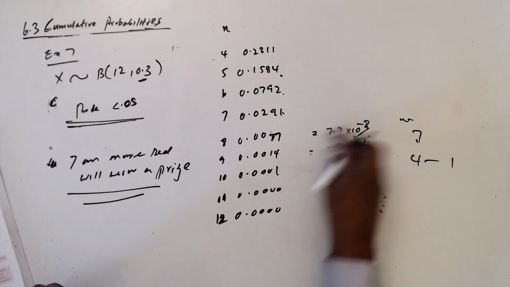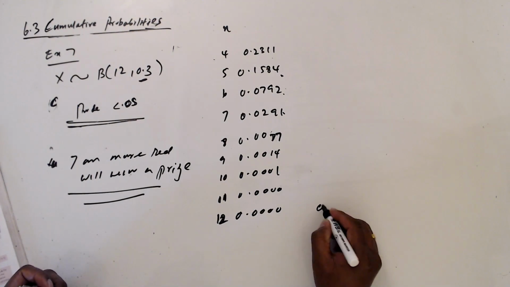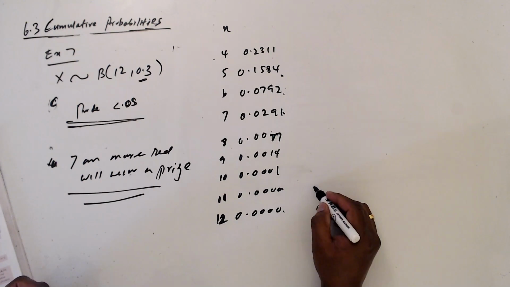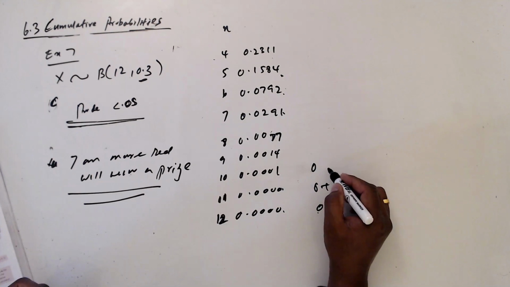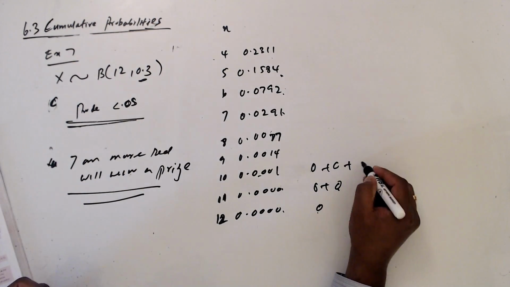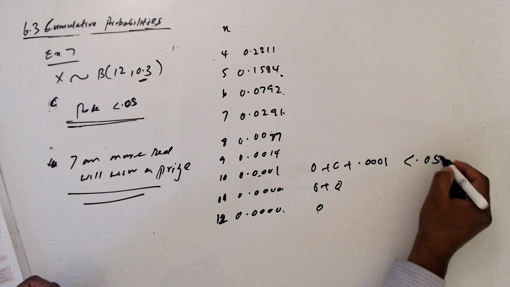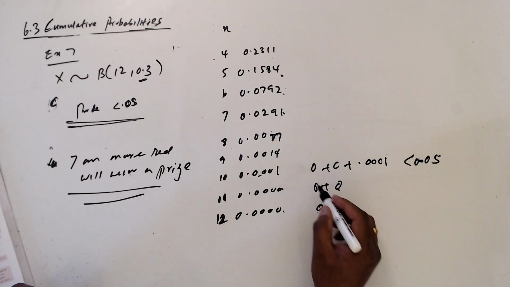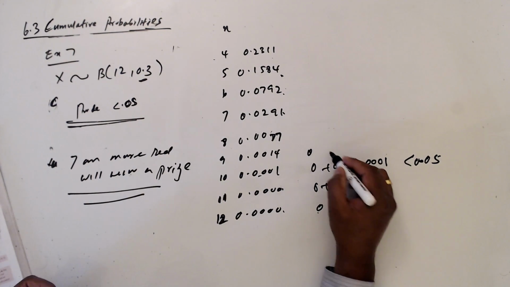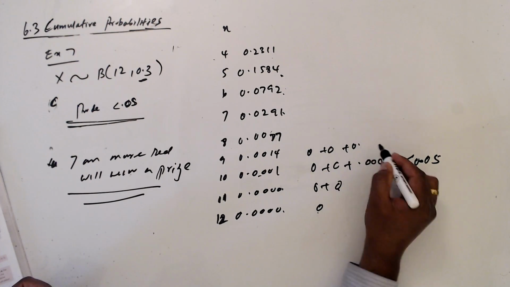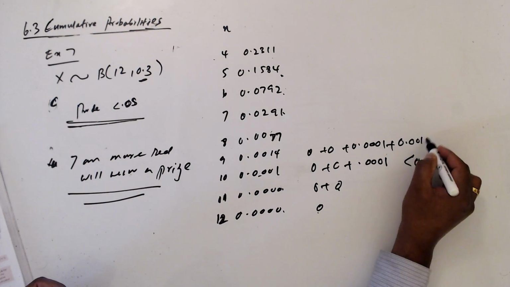So now if we do it like this, this is all 0. Then this one and this one are also 0, 0. Then this is 0 and 0, and at this one plus 0, 0, 0, 1. So it is less than, it's still 0.05. Then at this one as well, 0 plus 0 plus 0.0001 plus this one 0.0014.